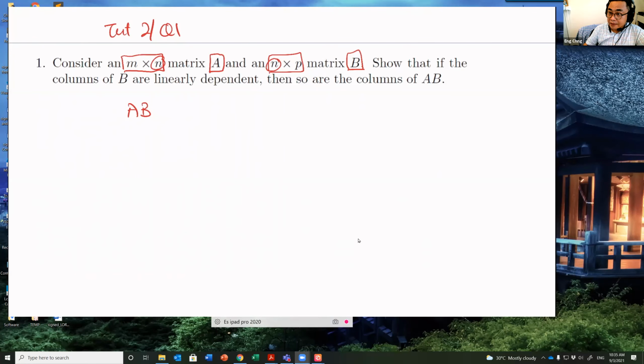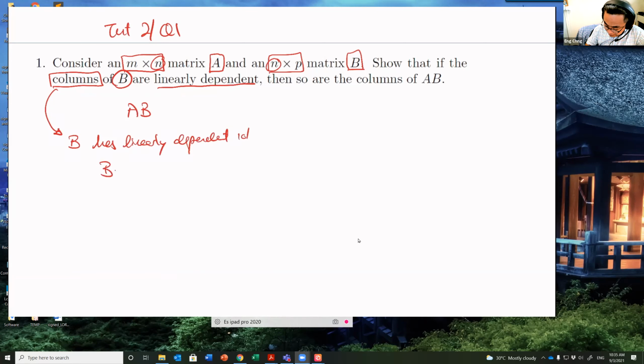And then we are told that B has linearly dependent columns. So what does this fact mean? The fact means that Bx can be the zero vector, even though x is not the zero vector.